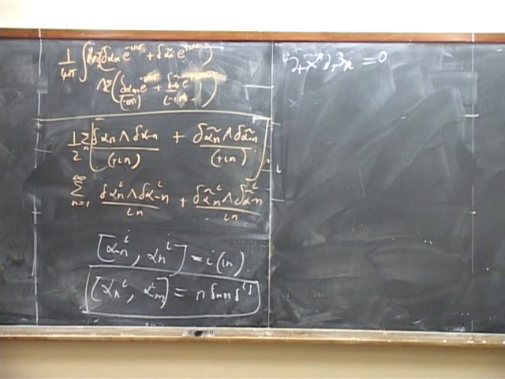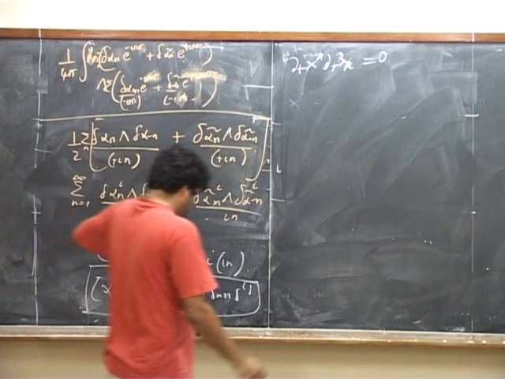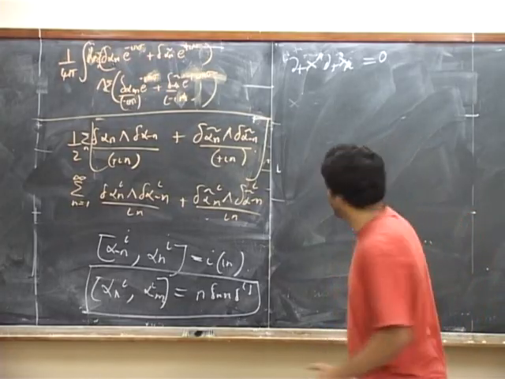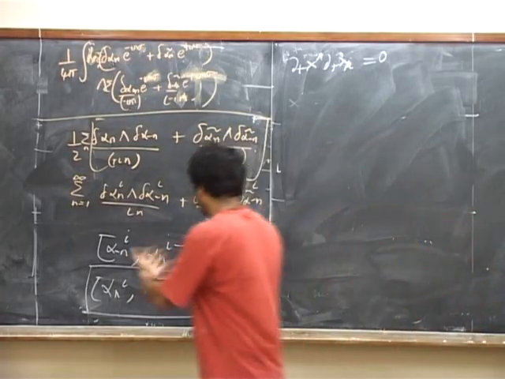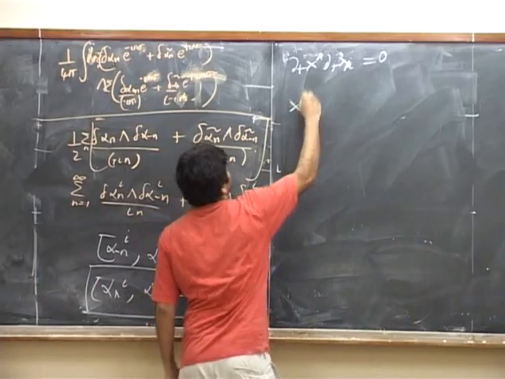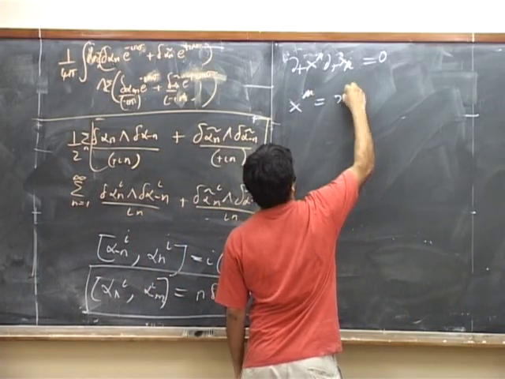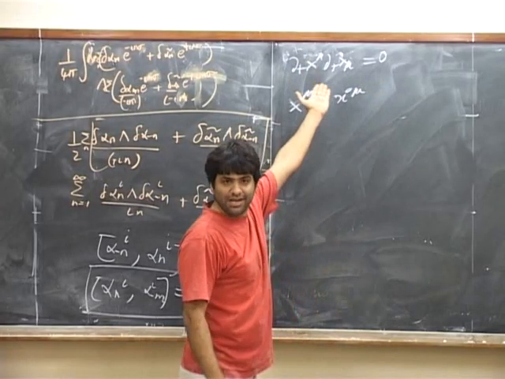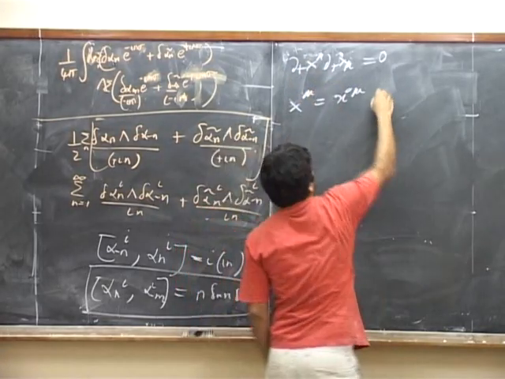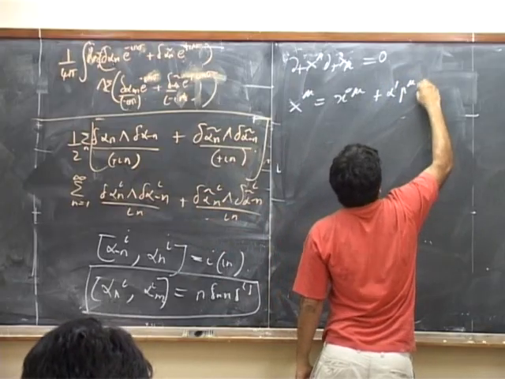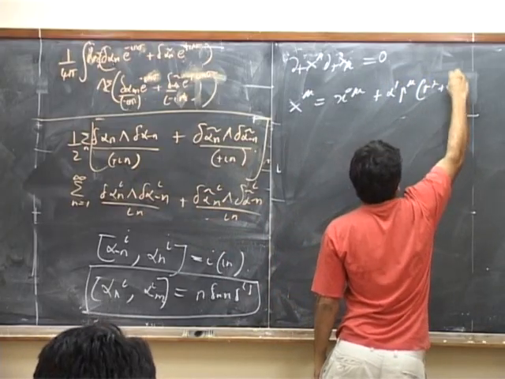So let's deal with the plus constraint. What do we get from the zero mode part of this constraint? You remember what X mu was. X mu was equal to x0 mu, which clearly does not contribute to the constraint equation, plus alpha prime p mu into sigma plus sigma minus by 2.